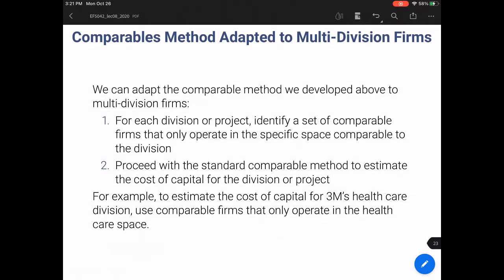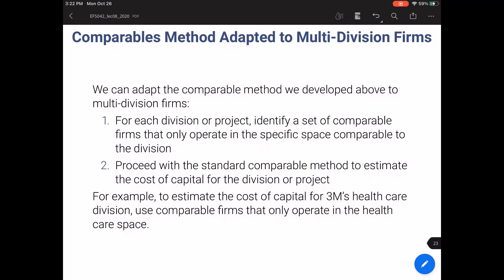Okay. I think I already restated this before, so we can adapt the comparable method to develop multi-division firms. What this basically is saying is that if you don't want to value the firm in its entirety, you can cut and combine multiple segments to value these segments together or separately using the comparables method, so long as you're able to match comparable firms to each segment and then somehow take a weighted average.